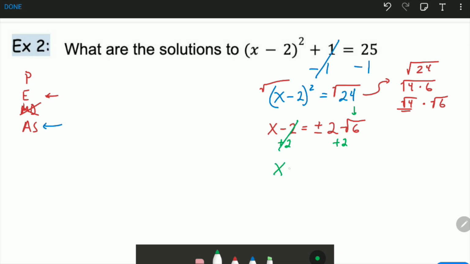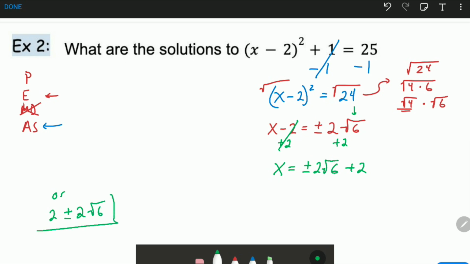So it's just going to be x equals plus or minus 2 radical 6, and then plus 2 tagged on at the end, or more commonly seen as 2 plus or minus 2 radical 6.